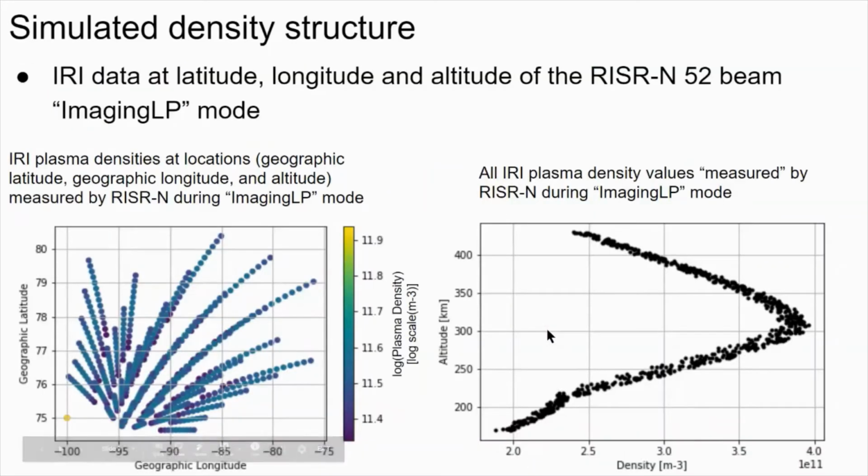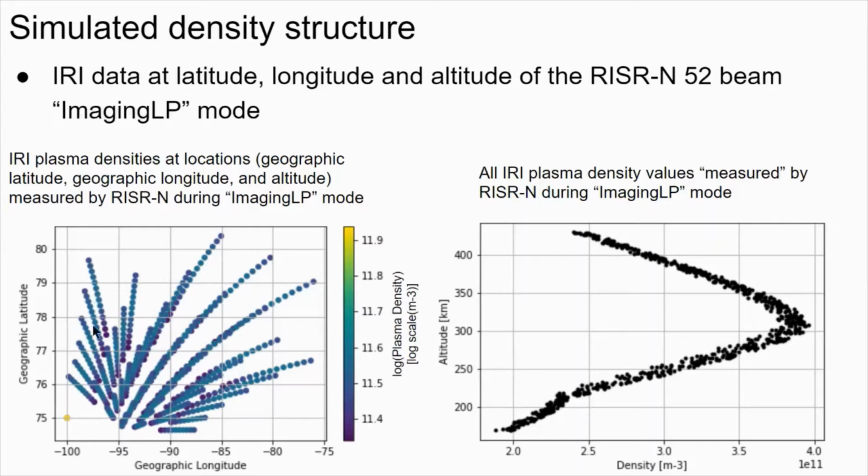Then what I'm going to be doing is looking at our IRI observations with my ISR, essentially. So I have all these positions that are measured in the imaging LP experiment mode by RISR-N. This is a 52-beam mode that's performed by RISR-N reasonably frequently.